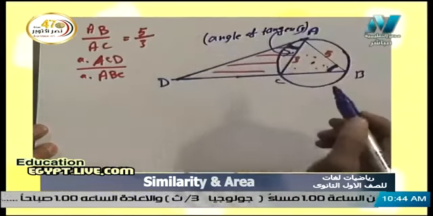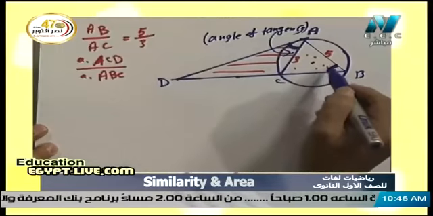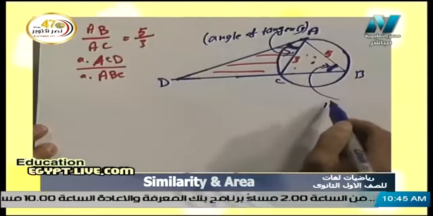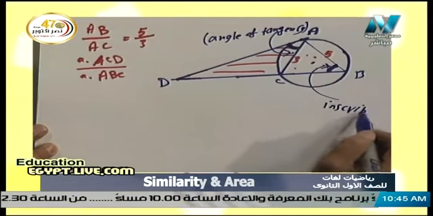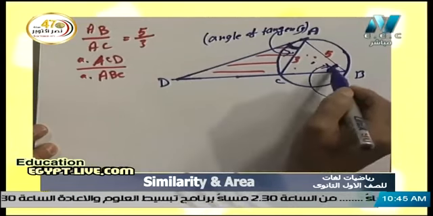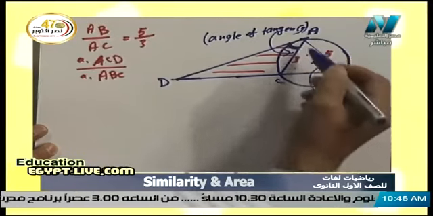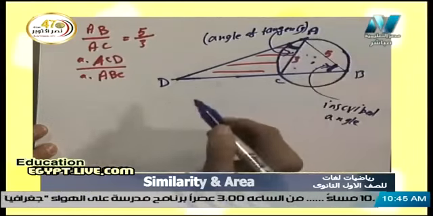This angle of tangency equals in measure the inscribed angle, because its vertex is on the circle and its two sides are chords of the circle.